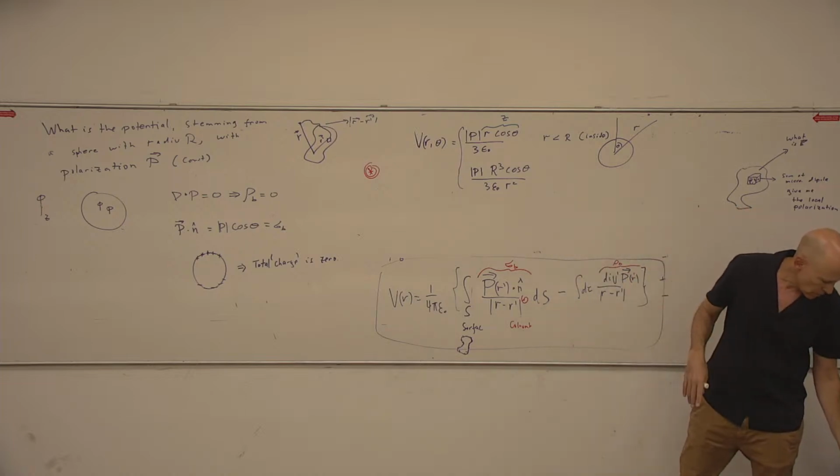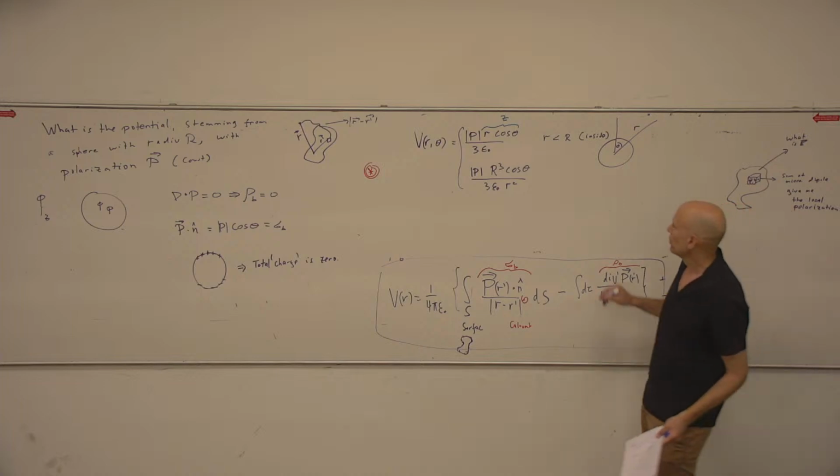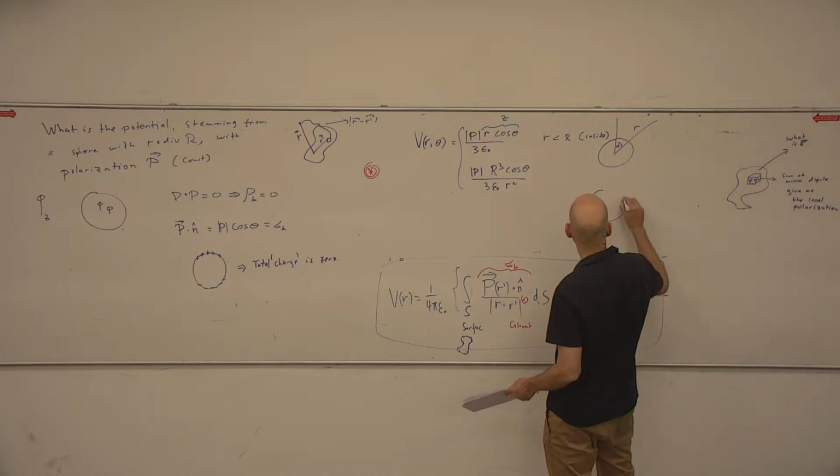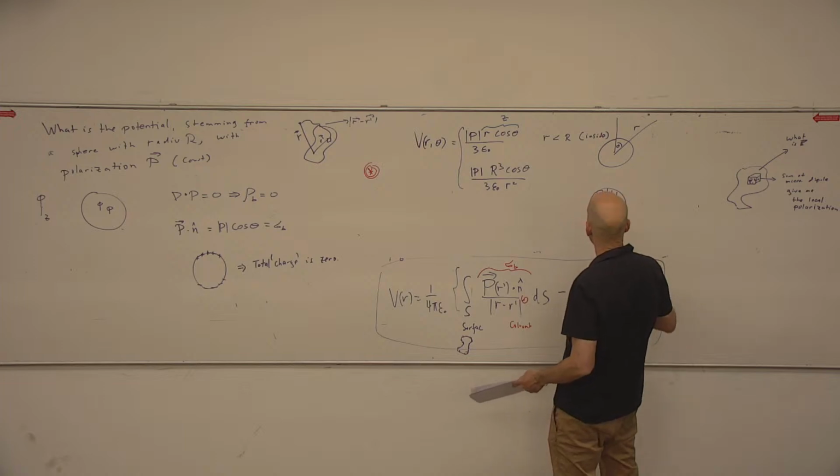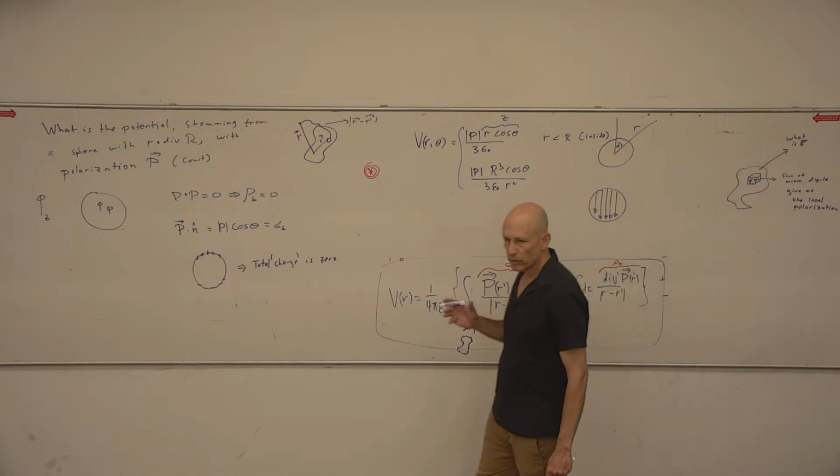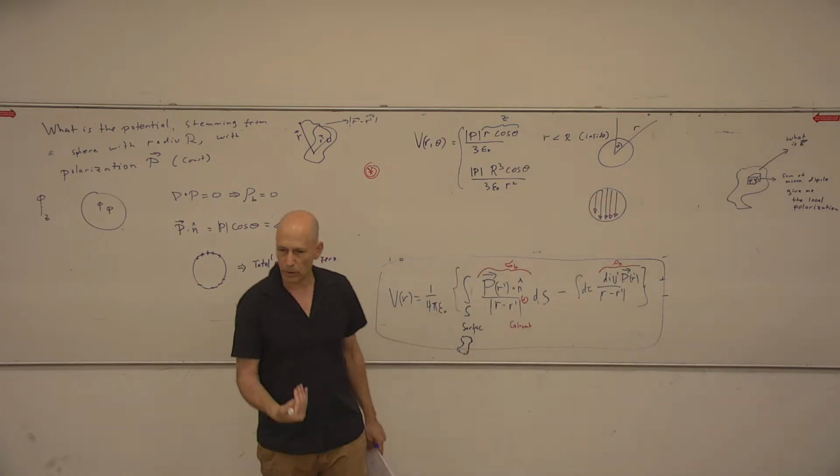This is the solution. So how can it be that the field is not 0 inside if there's no charge inside? I can take a Gauss envelope. No, but it's not symmetric. But I mean, you can take whatever you want, but the field is constant.